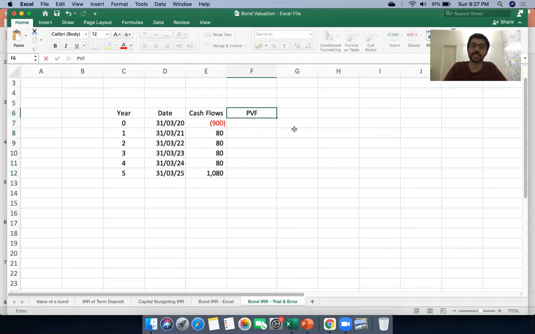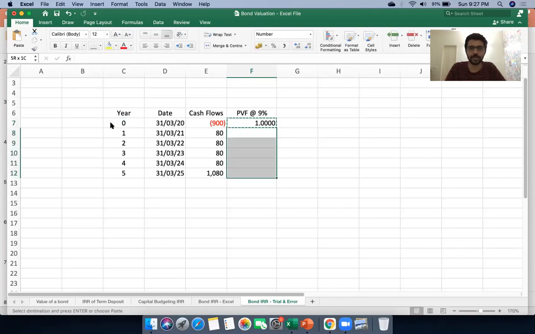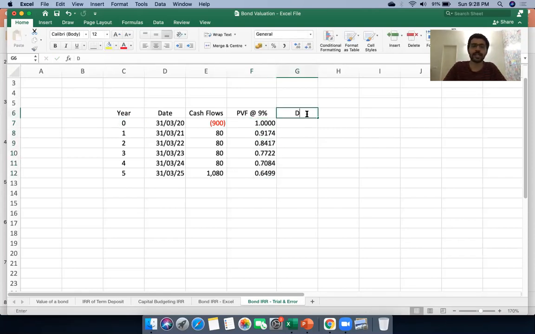I'm calculating the present value factor at 9%, which is nothing but 1 divided by (1 plus R) whole power n. And now if I calculate the discounted cash flows, which is nothing but cash flow multiplied by the respective present value factor, and I take a total of it, I'm then calculating NPV.